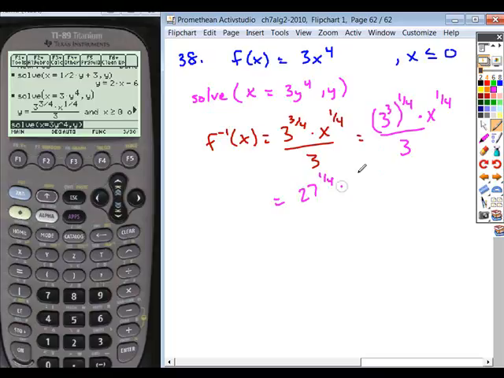So really you're looking at 27 to the 1/4 times x to the 1/4 over 3. And since those are in the same index, which represents the radical or the nth root of fourth root, you can just put the 27 and the x inside there. Okay, so here's what you would think the answer is. Now I changed it so that it accepts this as the correct answer. So I mean, if you entered this, you should be okay now.